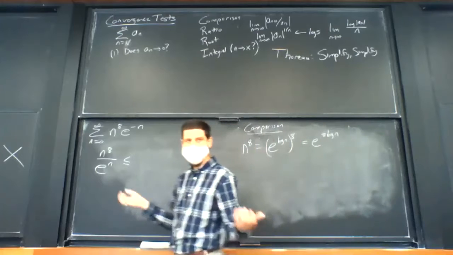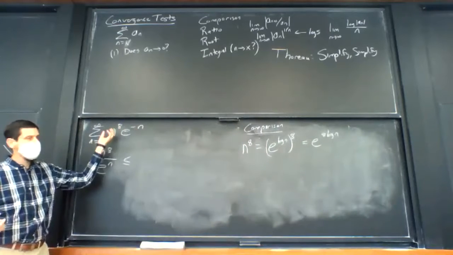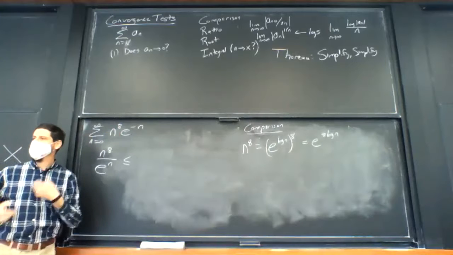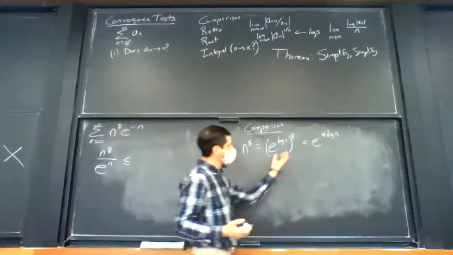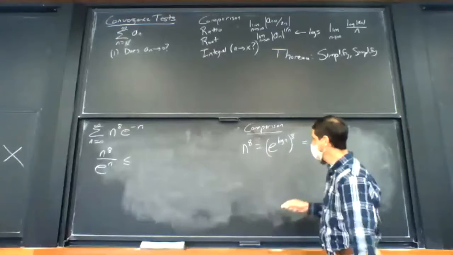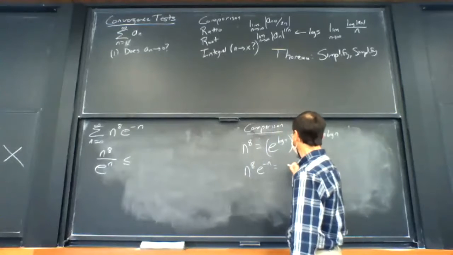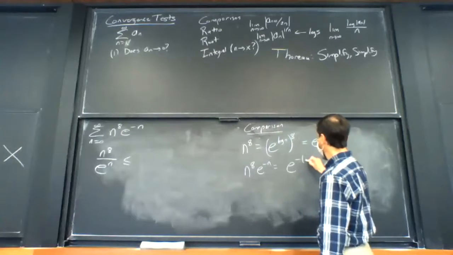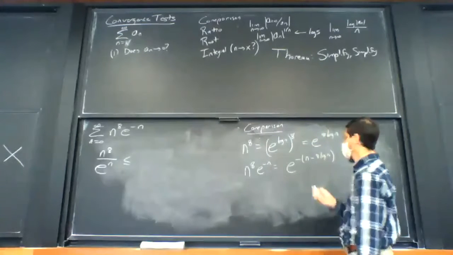So I'm trying to get everything, in some sense, this is very similar to the common denominator. I have an e to the minus n, I have an e to the 8 log n. I want to write everything as an exponential of something. Okay, I can write everything as an exponential, and now n to the 8 e to the minus n is going to be e to the negative n minus 8 log n.